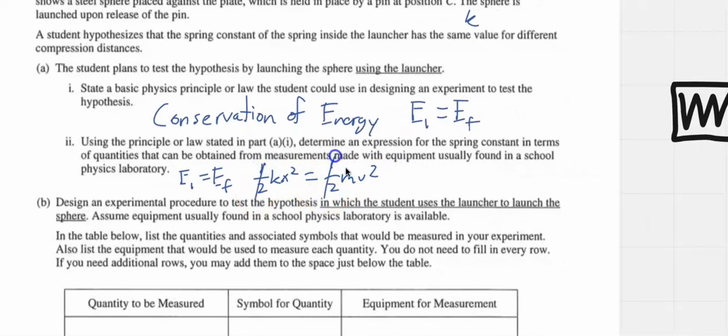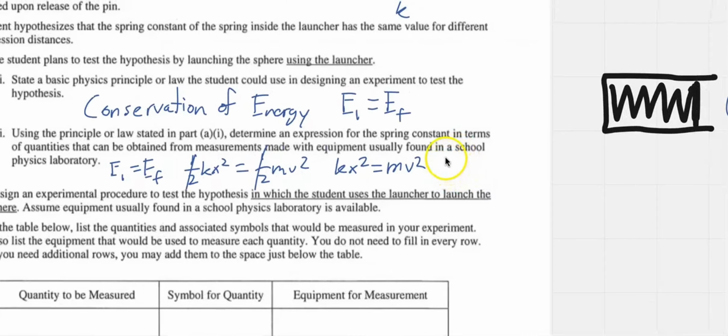So cancel these two out, and you're left with kx squared equals mv squared, and then you get k equals mv squared over x squared.